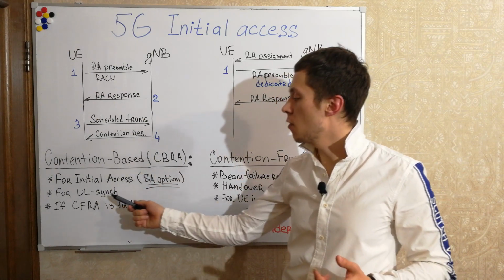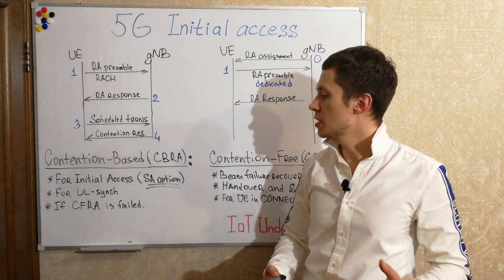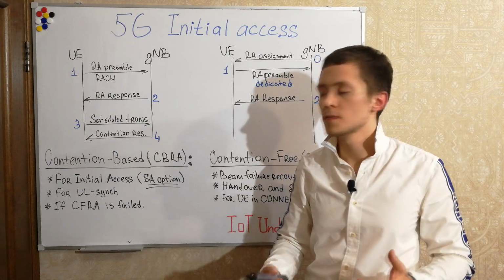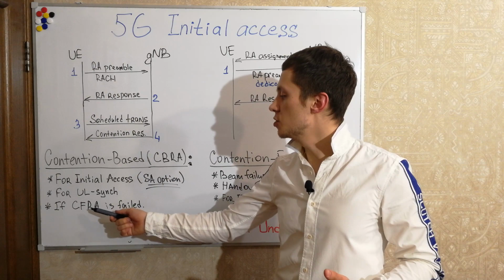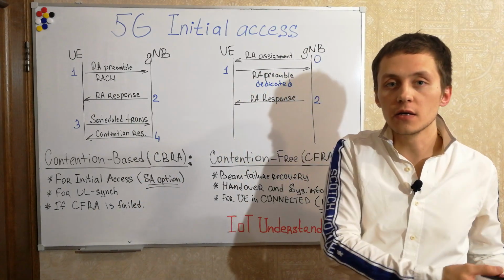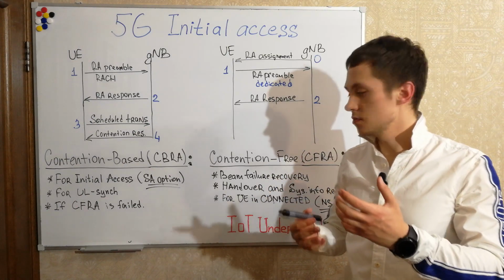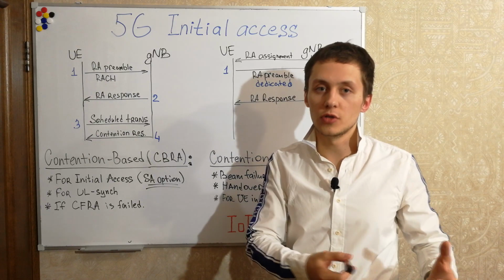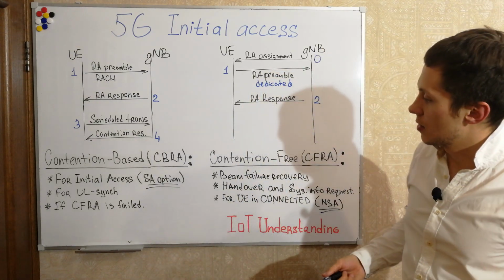Contention-based is used for uplink synchronization if uplink is unsynchronized. And contention-based is used if contention-free random access failed because the message was unacknowledged from the base station.